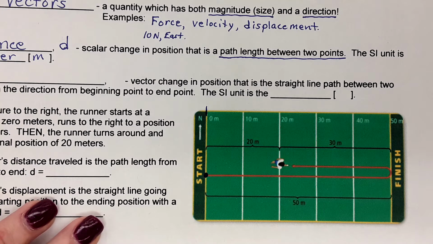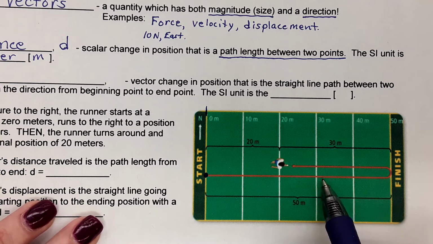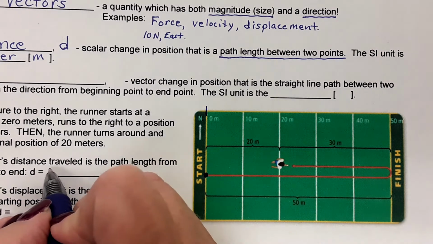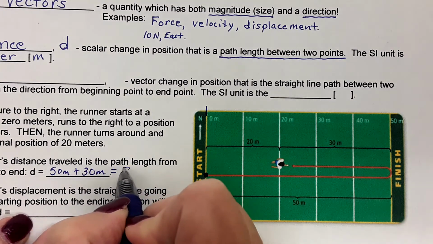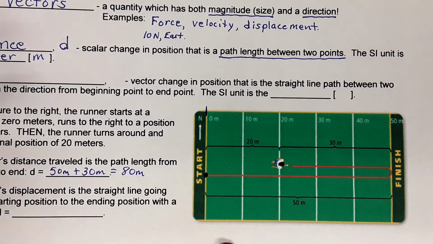Well, it's just the path length between the starting and end point. So we go 10, 20, 30, 40, 50, 60, 70, 80. 50 plus 30. All right, so 50 meters plus 30 meters is 80 meters total distance traveled by that person. That's the path length they followed, okay?